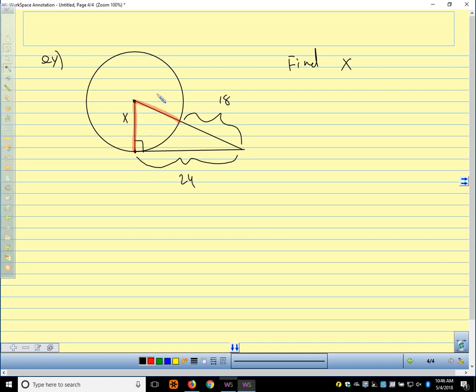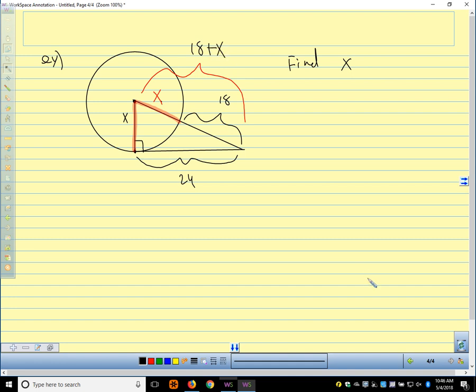So this piece is x also. What is this whole length? That's x and that's 18. What are they together? 18 plus x. So that whole side is 18 plus x.